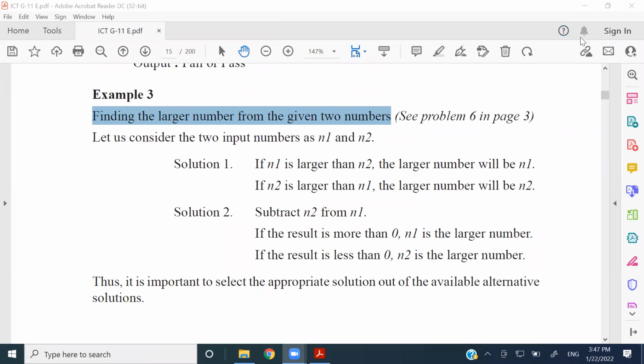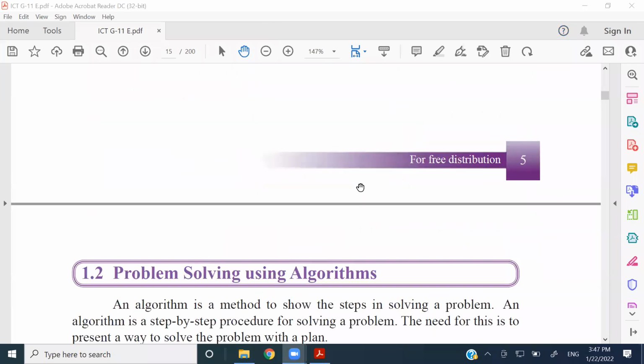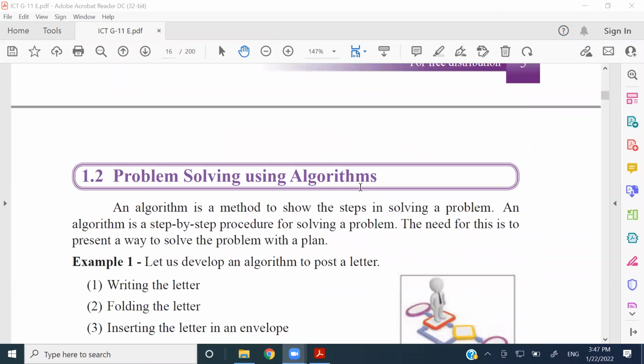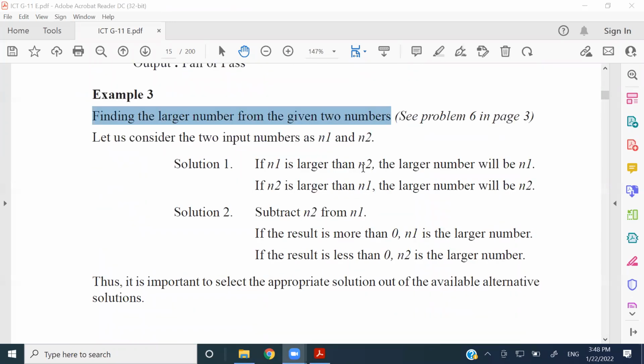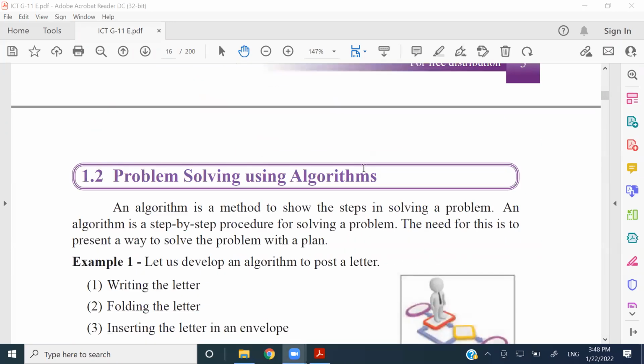Right. So I'm moving to the algorithm part now. This is what programming is all about, right? So as I told you, before we code, before we use a programming language, first we have to have a plan of how we are going to do this. So in the earlier pages, we just talked about how to figure out these things.